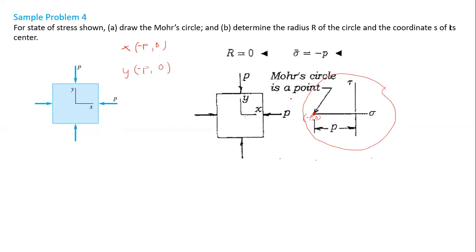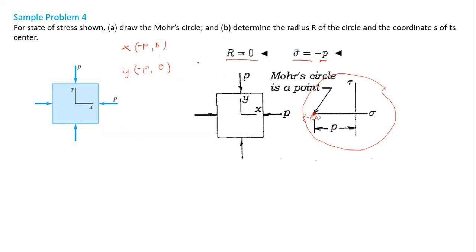So as you have seen, ang ato ang y is negative p 0 gyapon. So the Mohr circle is a point. So posible nga ang Mohr circle may mo siyang point. So ato ang sigma bar is equal siya sa negative p. Since negative p plus negative p over 2 equal mo siya sa negative p. Then ang ato ang r is 0. So point ang ato ang Mohr circle. Okay?